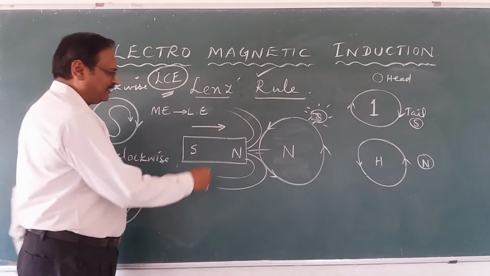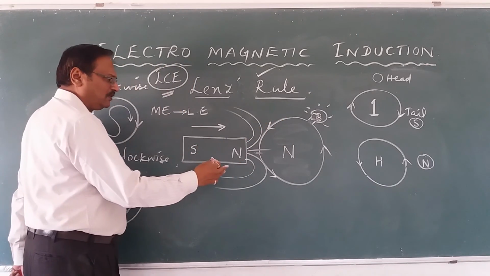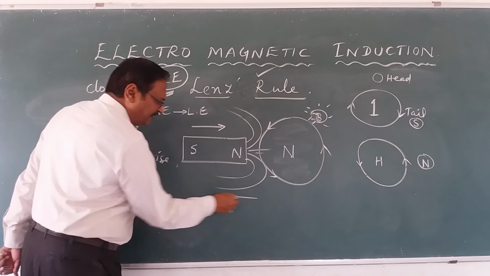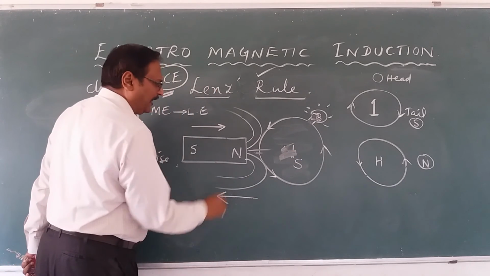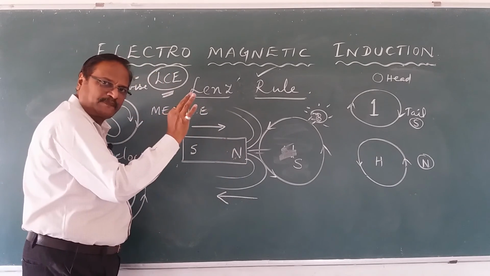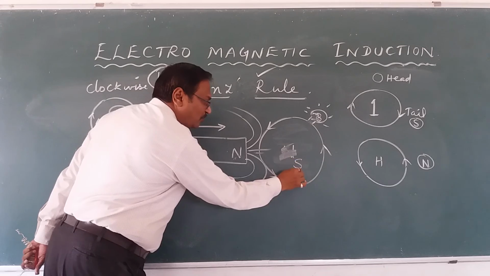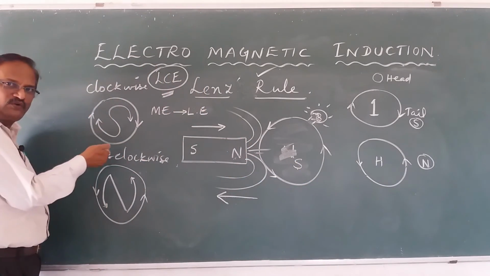So what is happening? North pole is coming, this becomes north pole. It is opposing. Now, when I am returning it back, it turns immediately into south pole, and this is a fixed magnet. This polarity cannot change, but this becomes south pole, so that again it is attracting. So I need to pull it out.